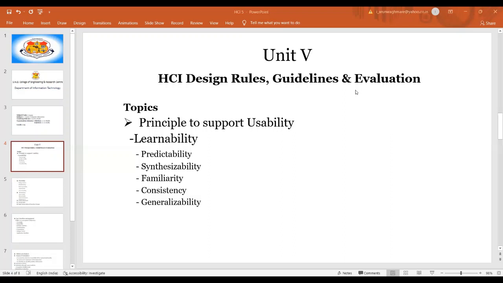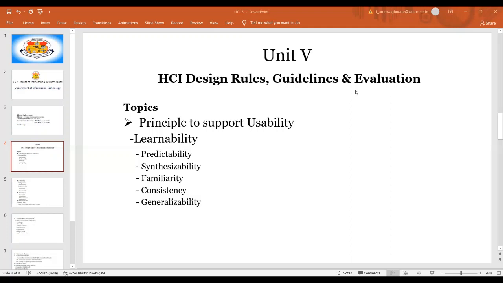What is familiarity? The extent to which user awareness and experience in other real-world or computer-based domains can be useful when interacting with a new system. What is generalizability? Support for the user to extend the knowledge of a specific interaction within and across applications to similar situations.